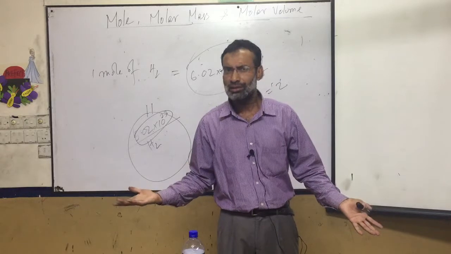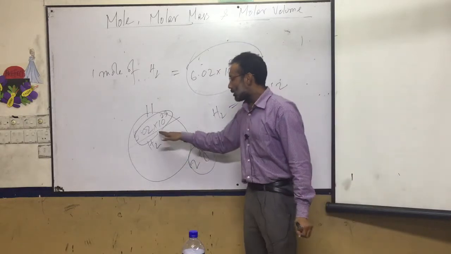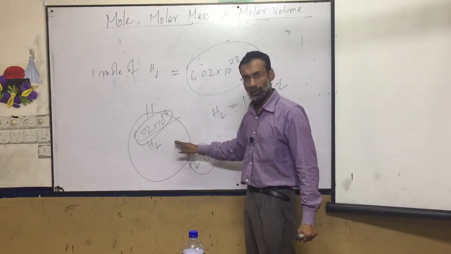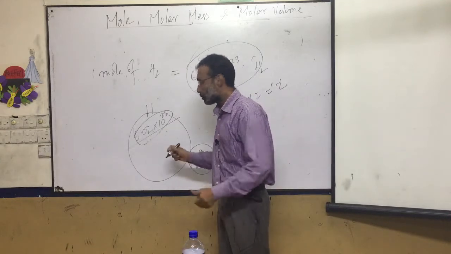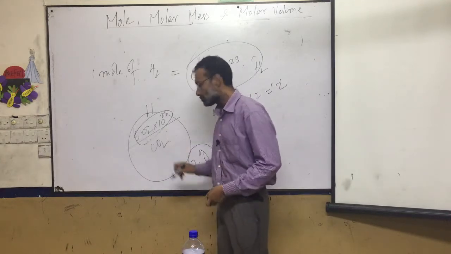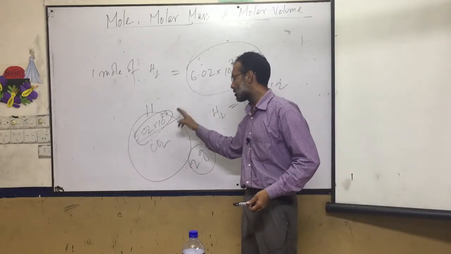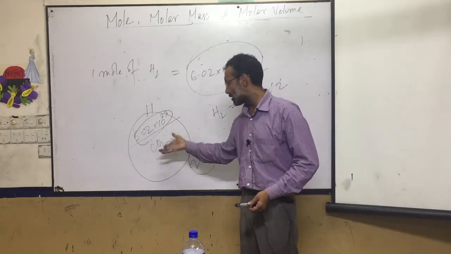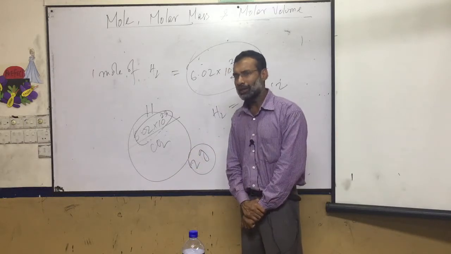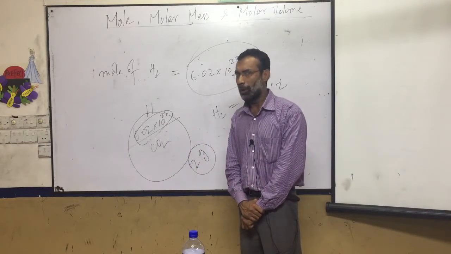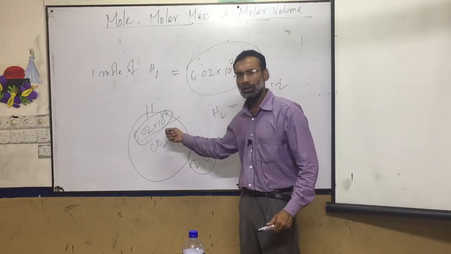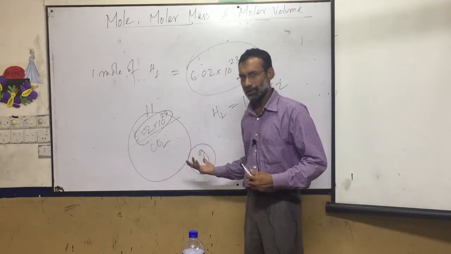Mass will be different. Similarly, when not hydrogen, say you are now inserting big molecules, carbon dioxide. This number, 6.02 × 10^23 carbon dioxide molecules, are there in this balloon now. Do you think the mass will be the same? No, because each carbon dioxide molecule is bigger than hydrogen.